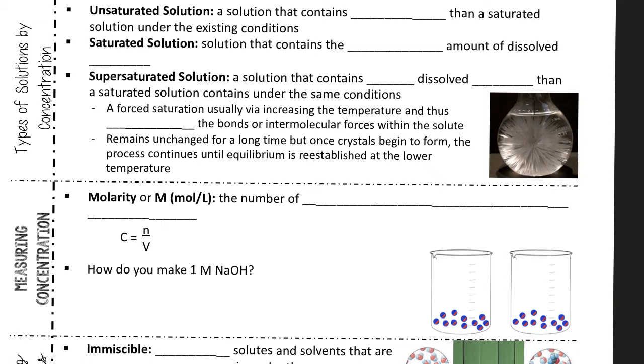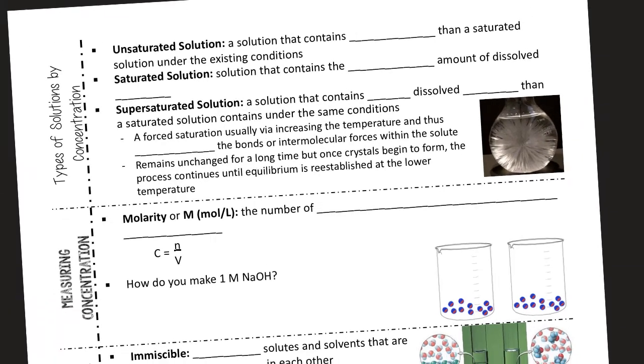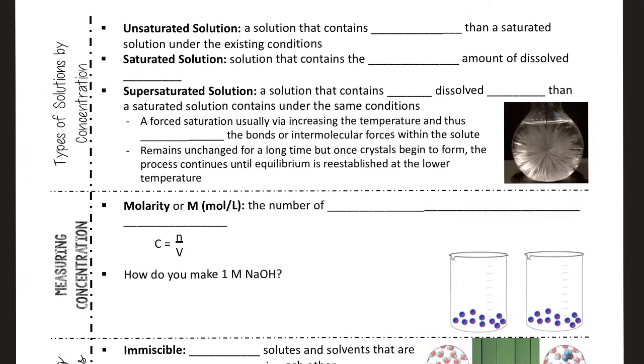When you finished up yesterday, you were doing the POGL on saturated and unsaturated. And so we're going to continue the notes and go on to molarity and so on. An unsaturated solution is a solution that contains less solute than a saturated solution under existing conditions.